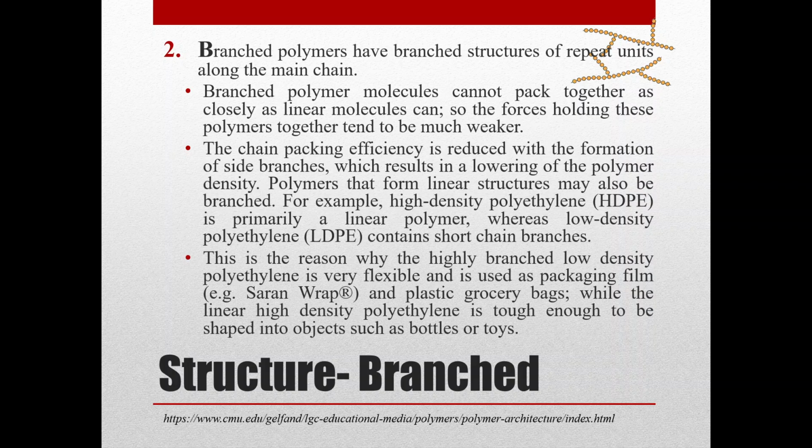This is the reason why the highly branched low density polyethylene is very flexible and is used as packaging film, for example saran wraps and plastic grocery bags, while the linear high density polyethylene, in which the molecular chains are able to come close to each other and form strong bonds, is tough enough to be shaped into objects such as bottles or toys.